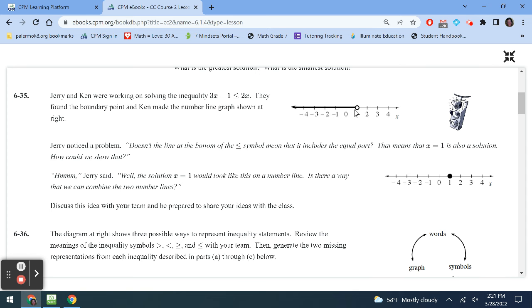Others said that we could shade in this dot instead of leaving it open, and both of those are true, and it would be the same inequality, the same number line. That's what we're going to do on our paper. We're going to be combining those two number lines on our paper.